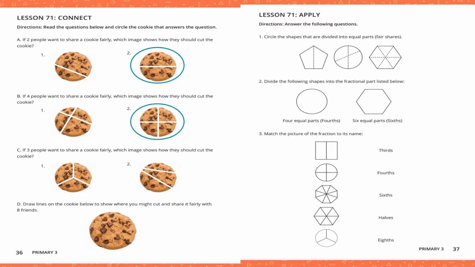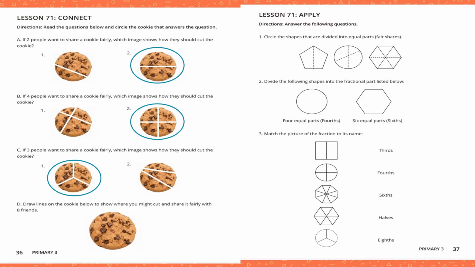Question C. If 3 people want to share a cookie fairly again, which image shows how they should cut the cookie? I have 3 people. So this or this? Sure, number 1. Draw lines.